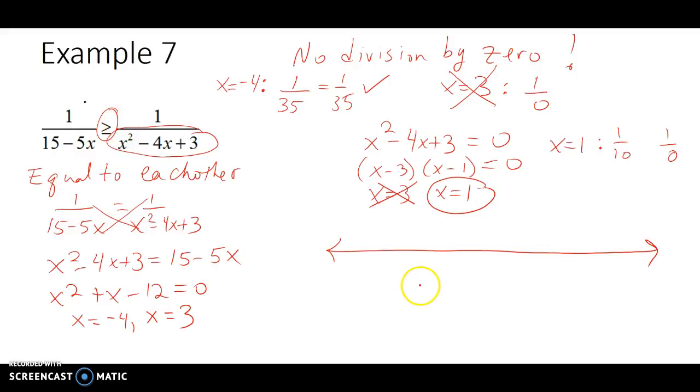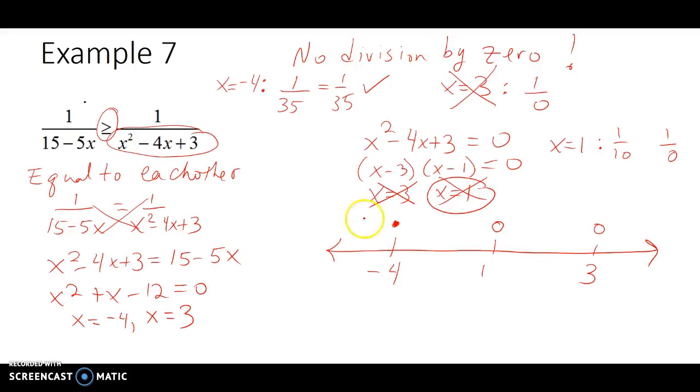So we have to consider on our number line -4, 1, and 3. We have to realize that we can't use 1. Cross that out. So I'm going to put an open dot indicating that we can't use it. We can't use 3, but we can use -4. So I'll put a closed dot.